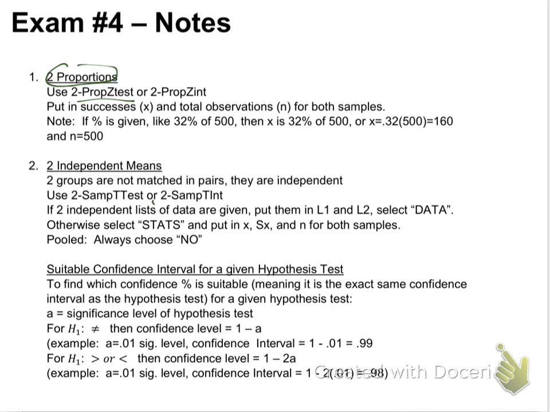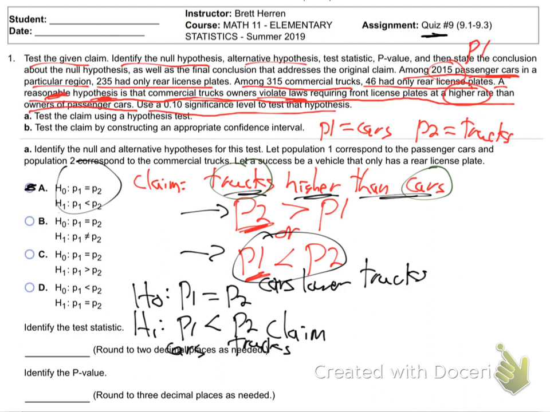Let's do it. So we go to our calculator, to the 2 prop Z test. Go to stats, test, down to 2 prop Z. It's going to ask us for X1. Now, what's X1? Population 1 is the cars. Among 2015 passenger cars, 235 had only rear license plates.